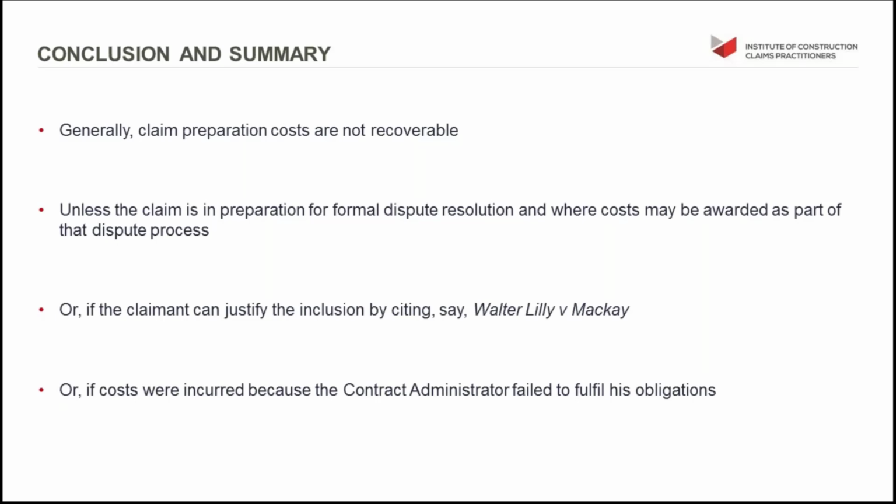And generally, with a lot of the clauses being fairly vague, that you must do things as soon as reasonably practicable, or as soon as you are aware to the best of your ability, there are a number of catch-alls that give the engineer or the contract administrator a way of justifying his failure to fulfill his obligations.